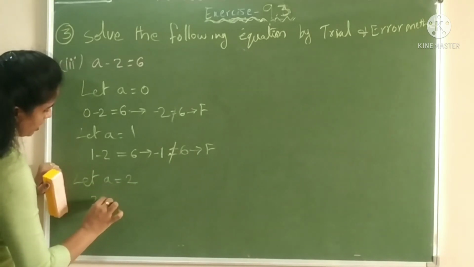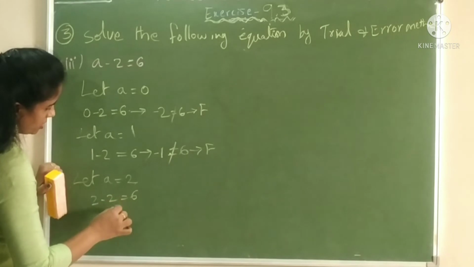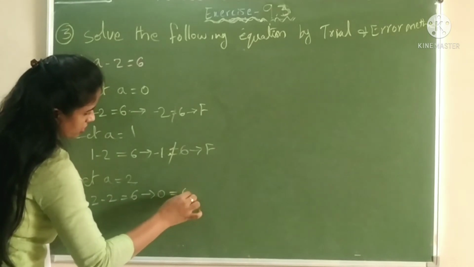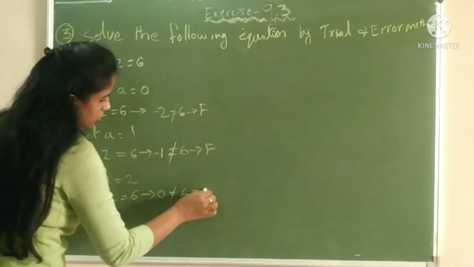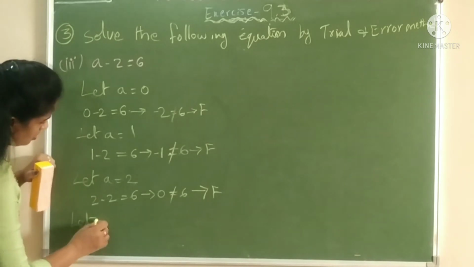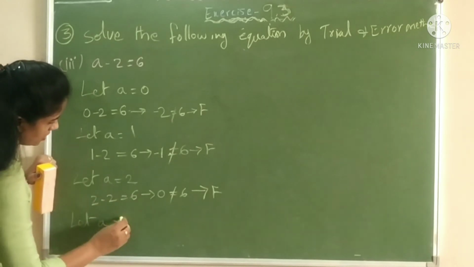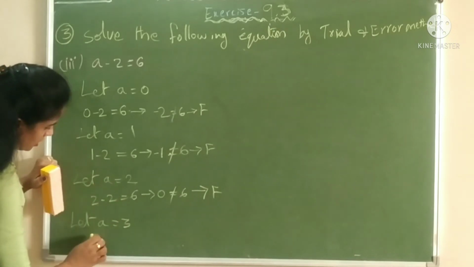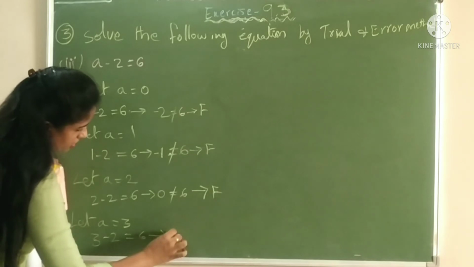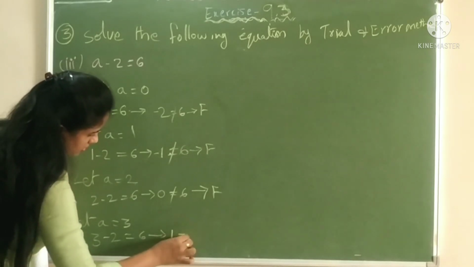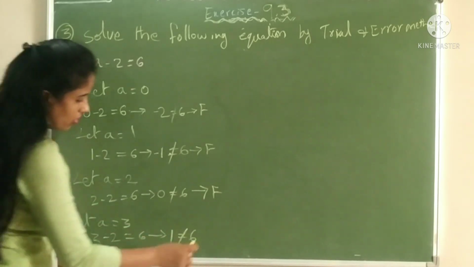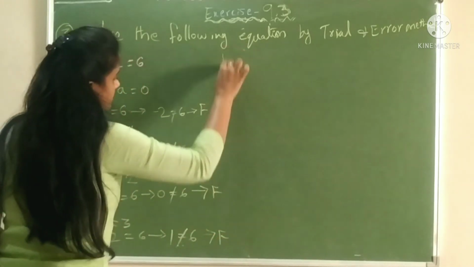Then 2 minus 2 is equal to 0, and 0 is not equal to 6. This is also false. Again, let a is equal to 3. Then 3 minus 2 is equal to 1, and 1 is not equal to 6. So this is also false.